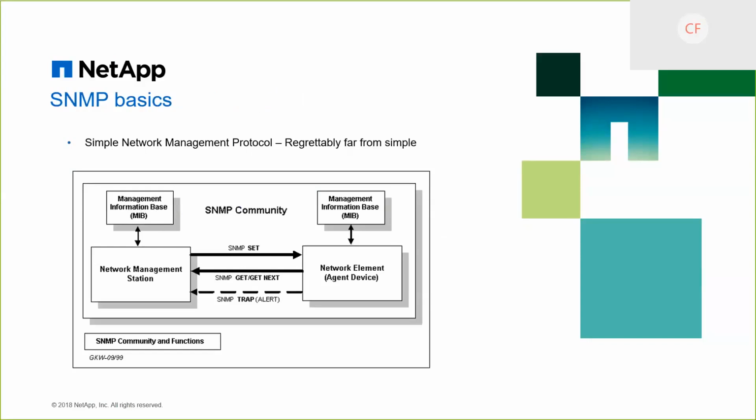And SNMP is bidirectional. It can set data on devices. In our case, we're not really going to be looking at doing a lot of setting of device parameters. We're going to be looking at polling them and pulling back the various parameters that are exposed by the SNMP protocol. So pretty simple.